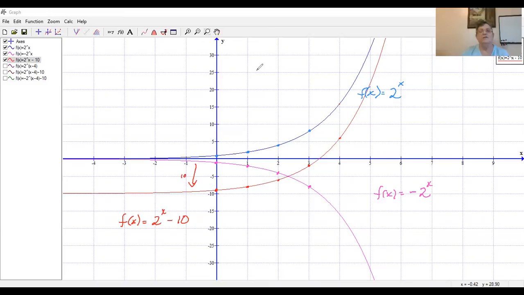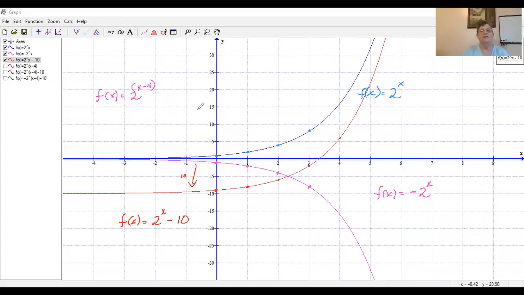What happens if we add or subtract something to the exponent prior to raising the 2 to the exponent? In other words, what about the graph of f of x equals 2 raised to the x minus 4?